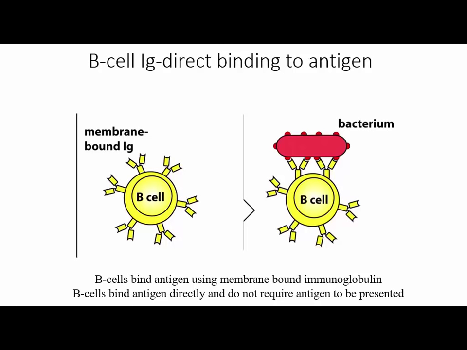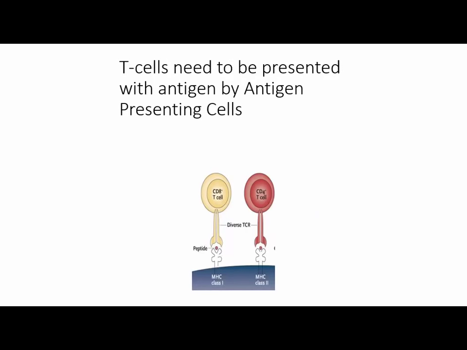Okay? And the main message from this slide is B cells do not require antigen to be presented. Okay? They directly bind it. Now, it's a different story for T cells. T cells will never be able to recognize antigen unless it's broken down and presented to it.